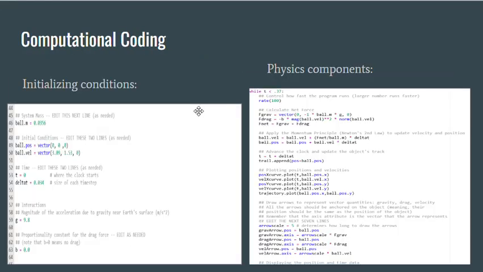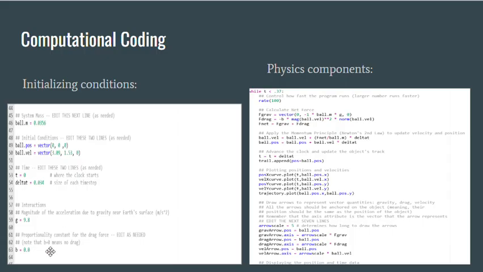This is the computational coding in GlowScript. The mass was set at 0.0356, which was the mass of the eraser. The position was set at 0, 0, 0. The ball velocity is as shown earlier.